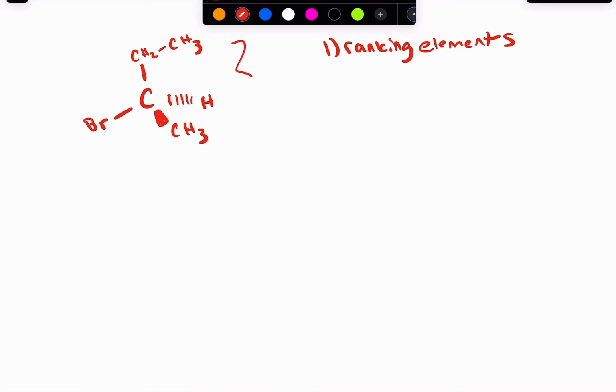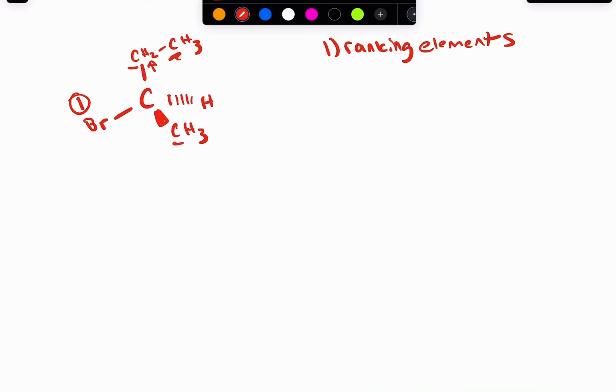If we take a look at this, obviously bromine has the biggest atomic number, so this would be assigned priority number 1. Next, we have either this ethyl group or this methyl group. But if we take a look, these carbons are the same, but this carbon is attached to another carbon, whereas this is only attached to a hydrogen.